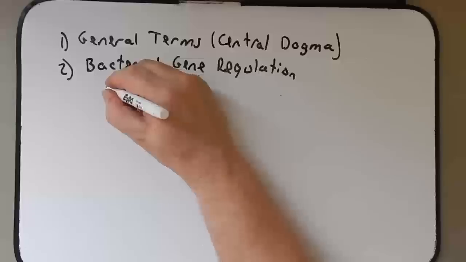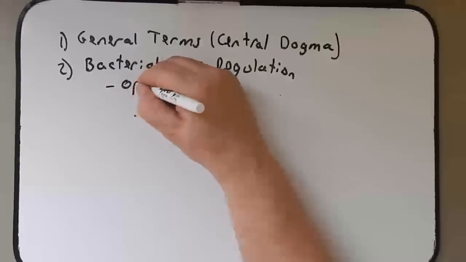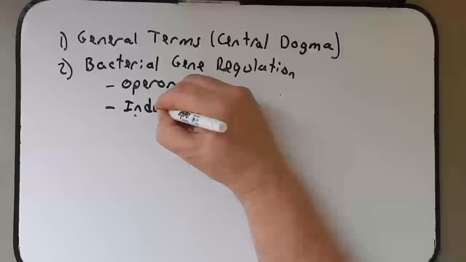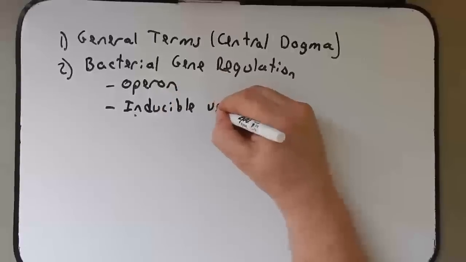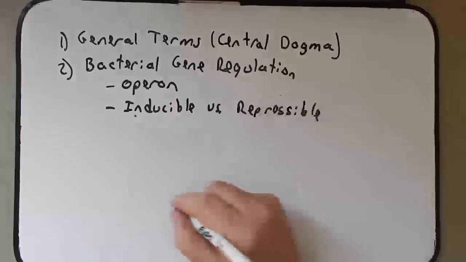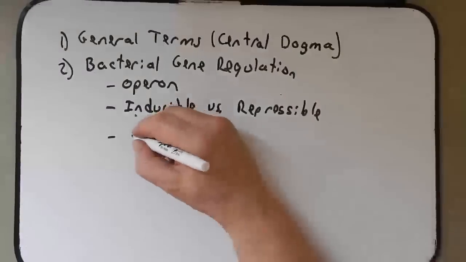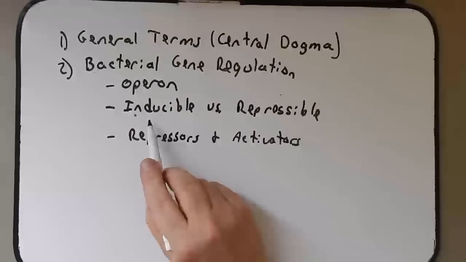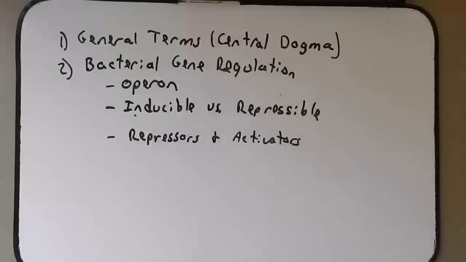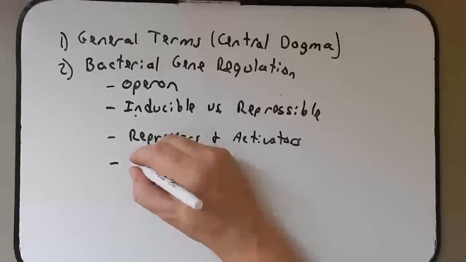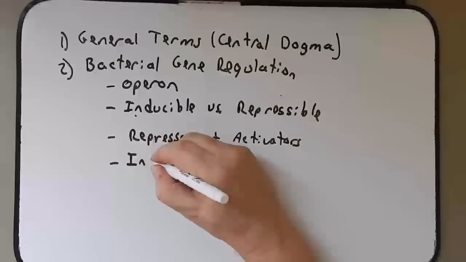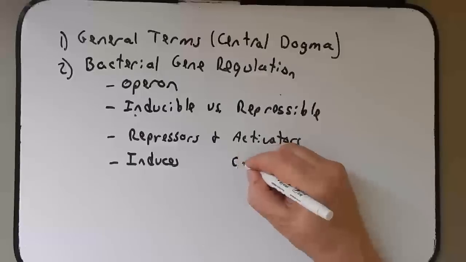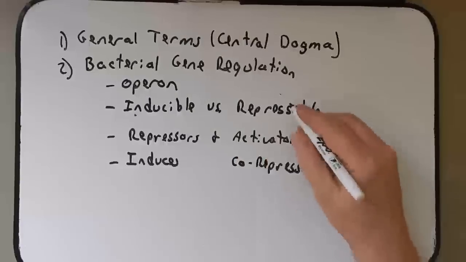In that, we talked about the nature of the operon, and we talked about specifically inducible versus repressible operons, and we talked about the role that repressors and activators have in both inducible and repressible operons.